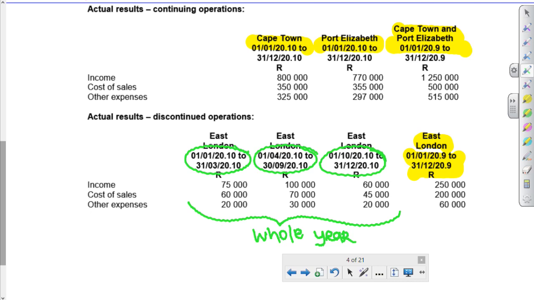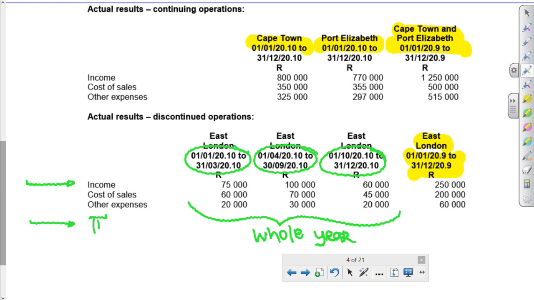Because the purpose is not to show our shareholders what we've sold after we decided to discontinue. The purpose is to show our shareholders that we have made a plan to discontinue, and that certain income and certain profit, which is the number that you land up with, is not going to carry on next year, isn't it?